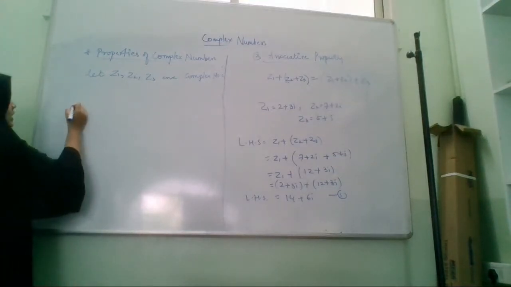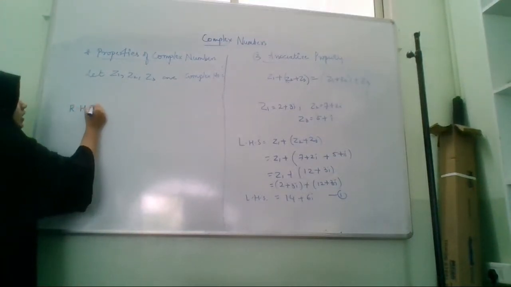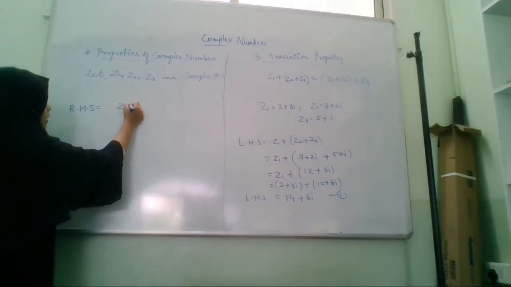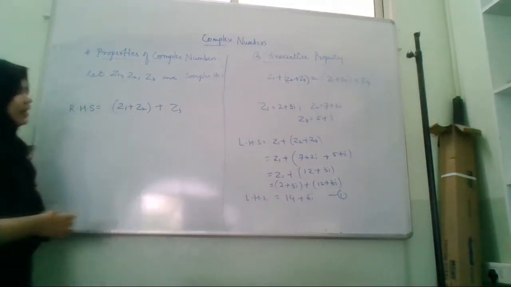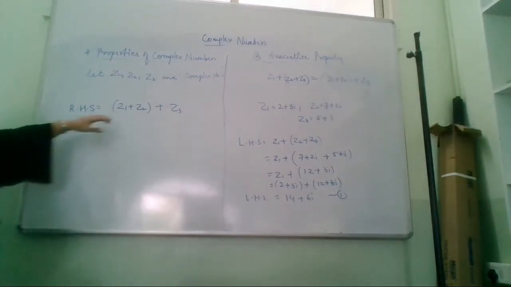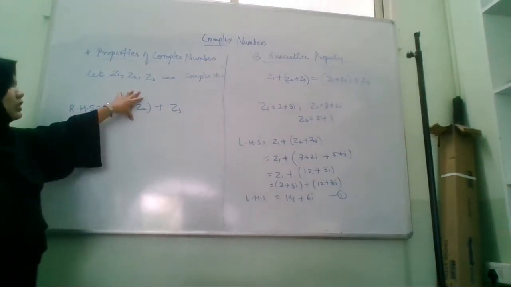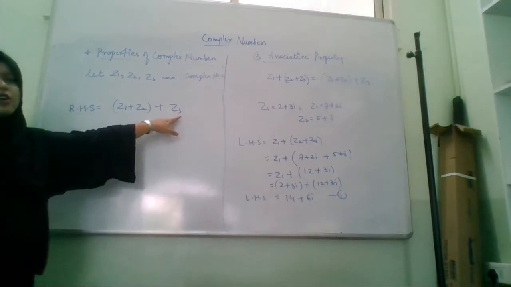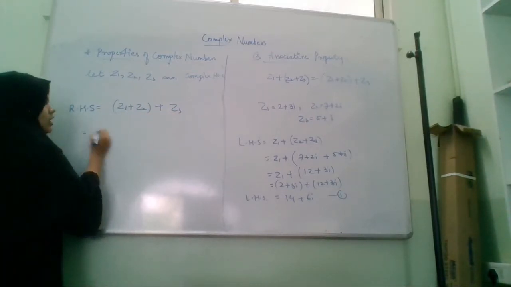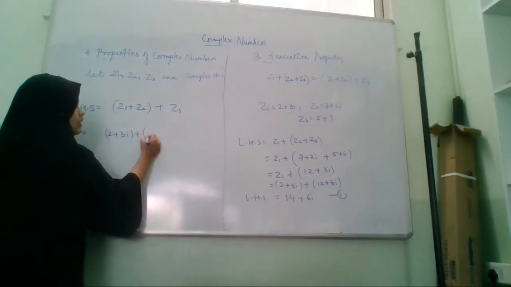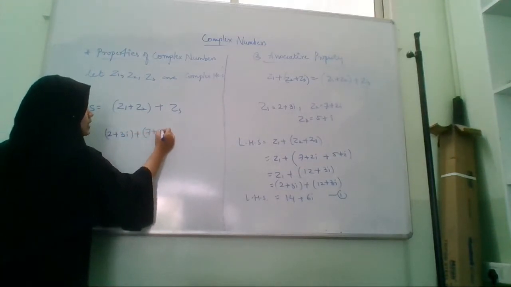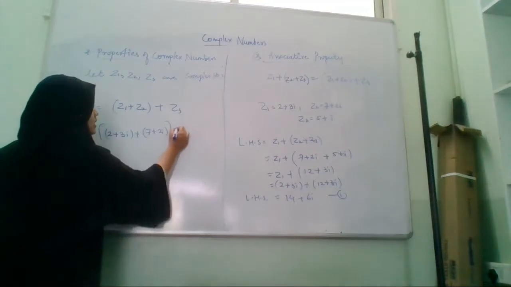Now for RHS, consider (Z1 plus Z2) plus Z3. That means first we will do addition in this bracket and then for the third one. So what is the first number? It is 2 plus 3i plus, what is the second number? 7 plus 2i, plus Z3.